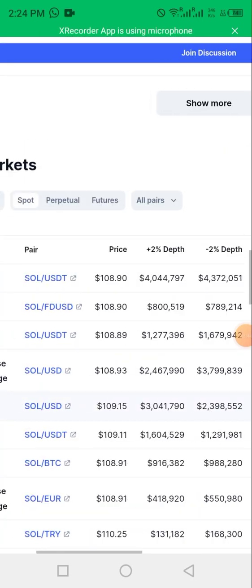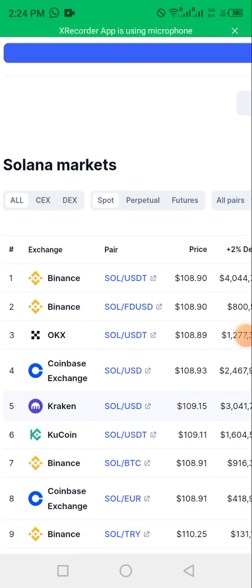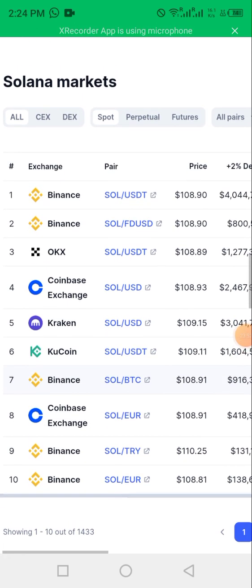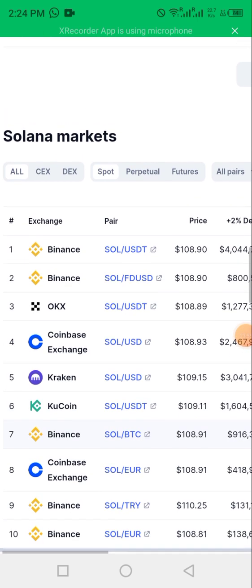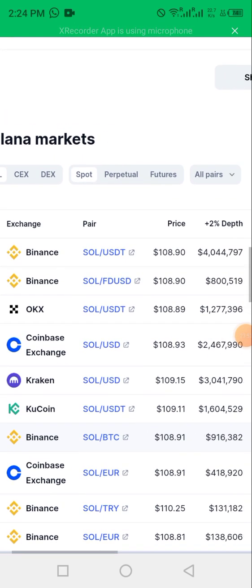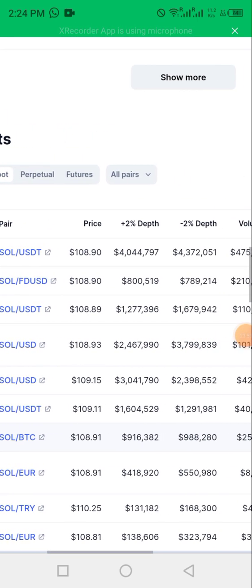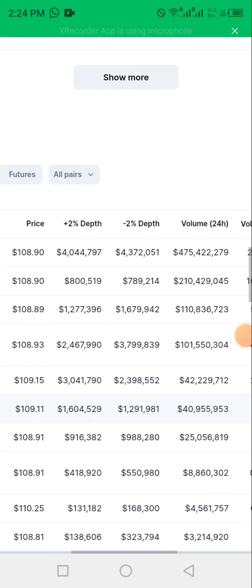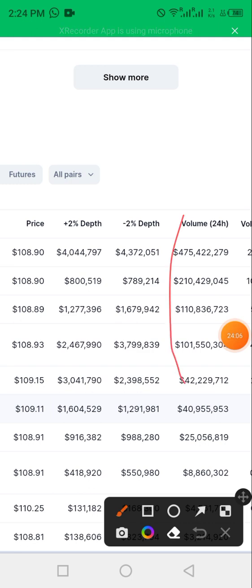From the Solana market, on these exchanges in view, that is Binance and OKX, the first top exchanges. Bybit is not listed, but it's letting you know that the volume is high.